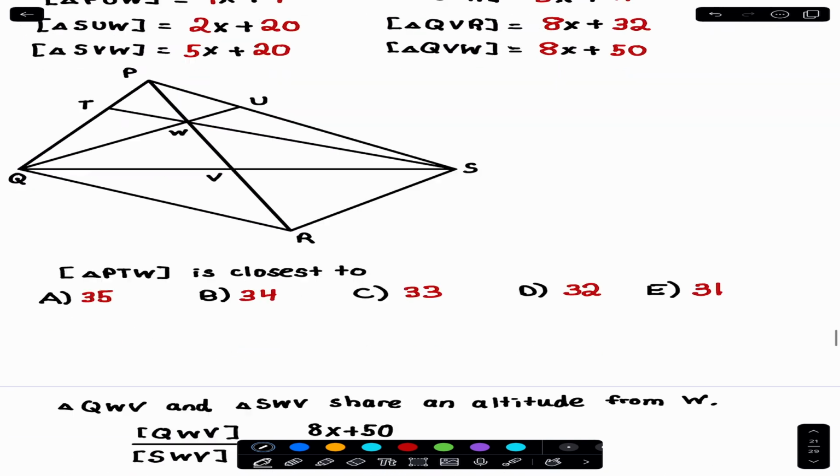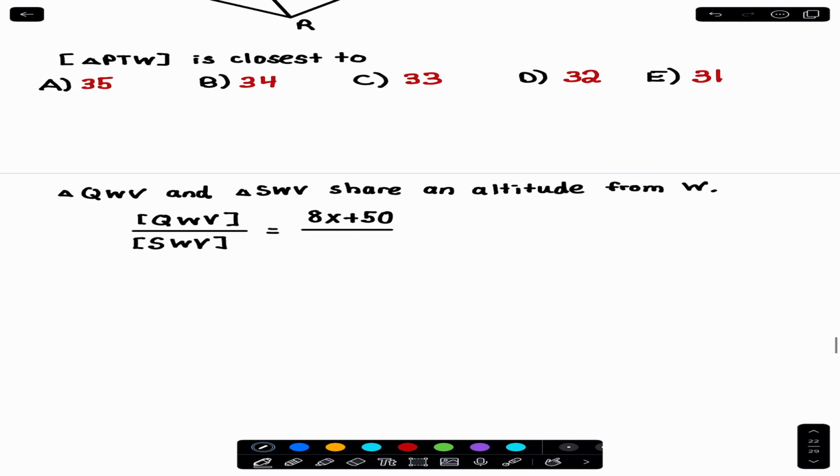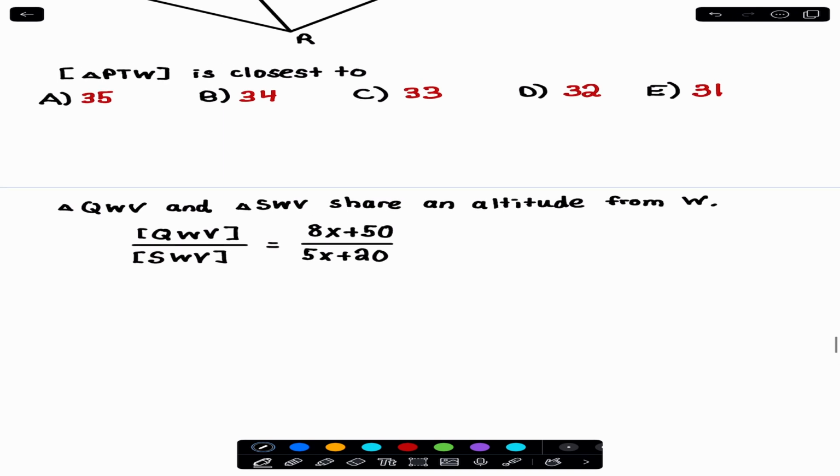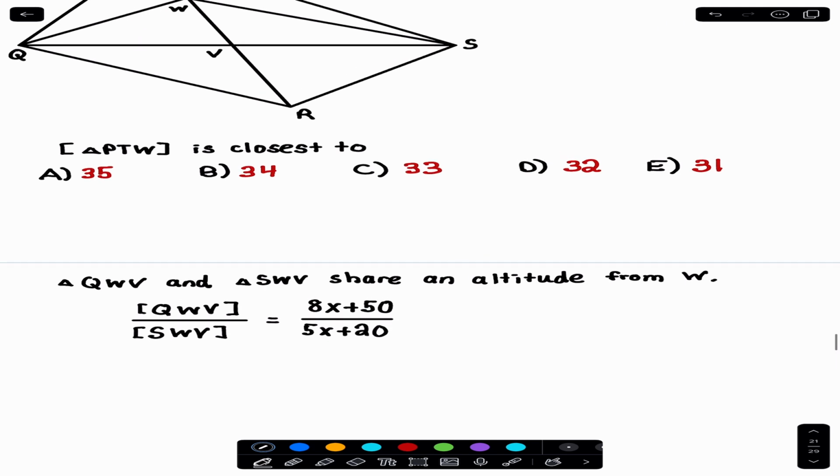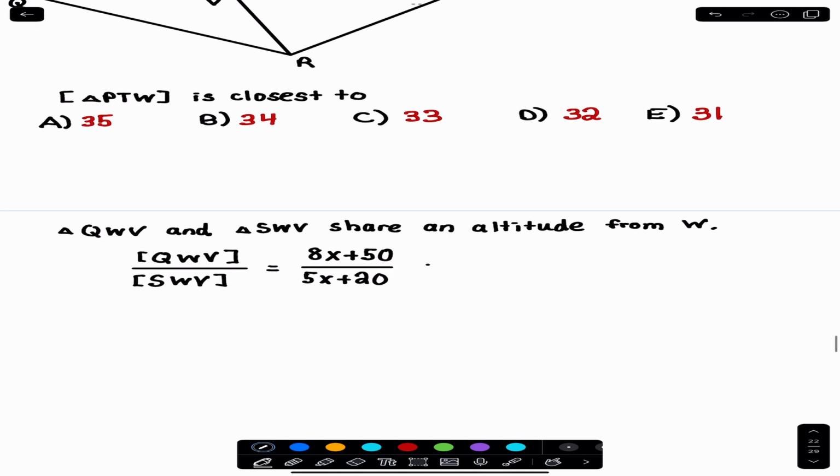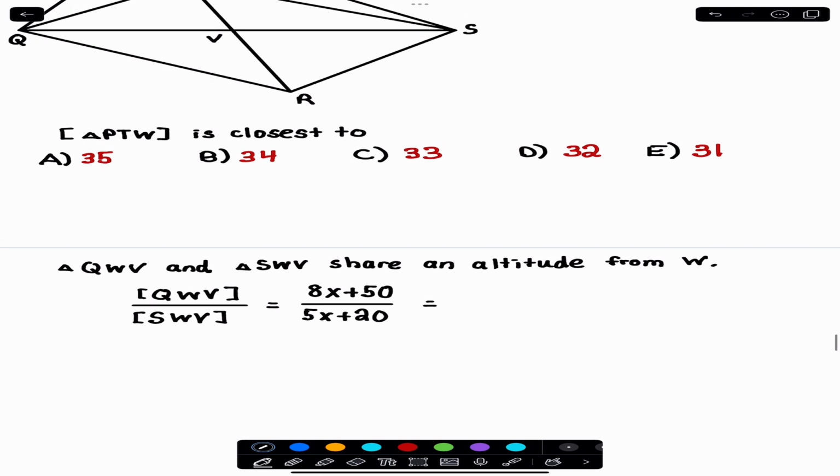SWV is the same as SVW, that's 5x + 20. And this is equal to QV over SV.